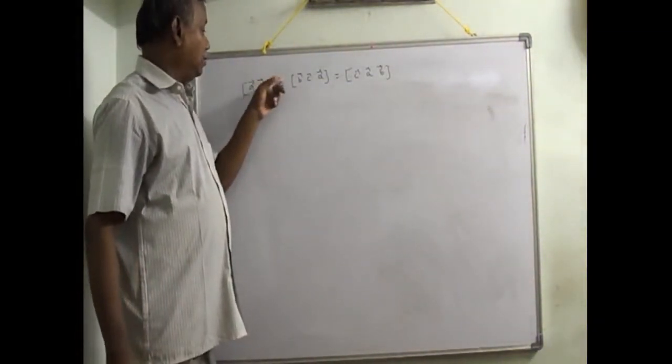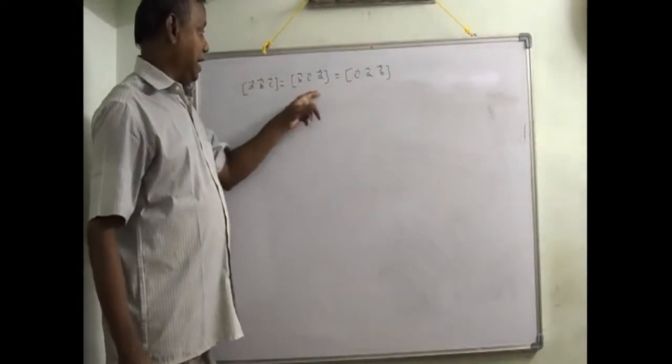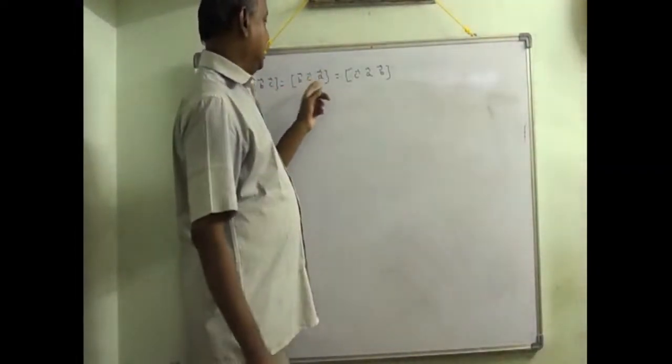A can be sent to the last, in that case BCA; B can be sent to the last, in that case CAB.